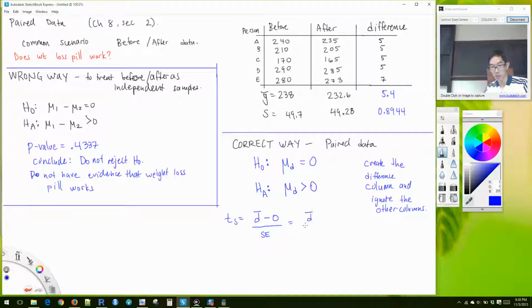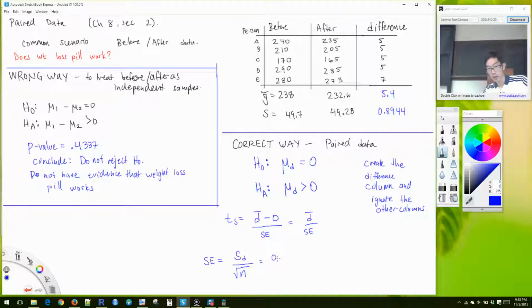So we have d bar over the standard error. The standard error is the standard deviation of d divided by the square root of n, how many differences we have.